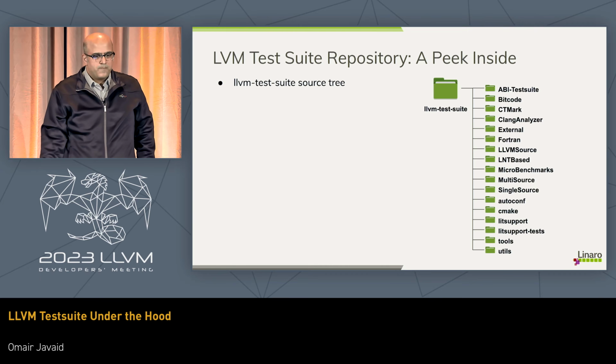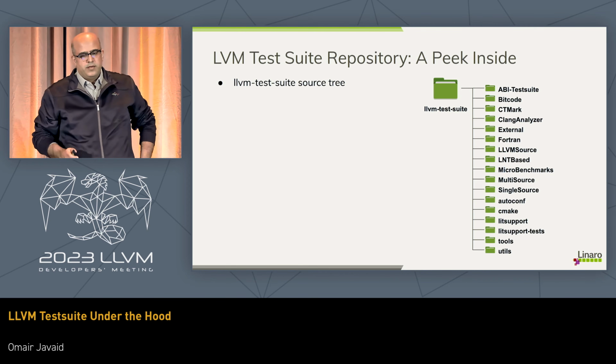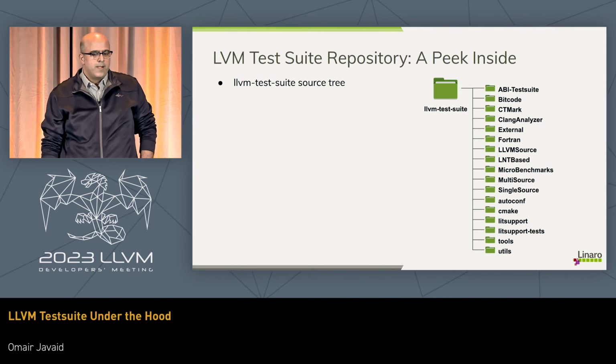So yeah, this is how the directory structure looks. If you see, it is totally different from what we have in the LLVM project, and I will go over all of these folders one by one.